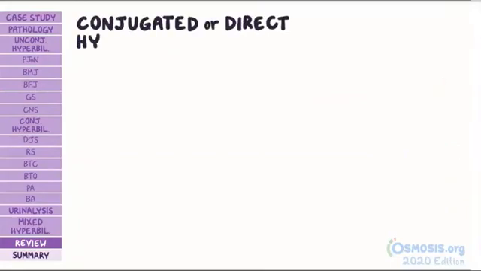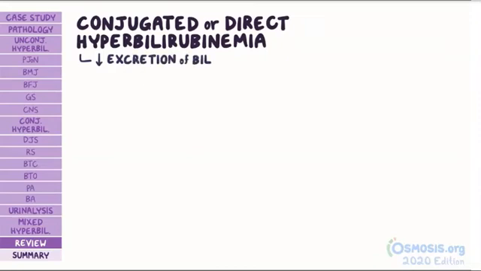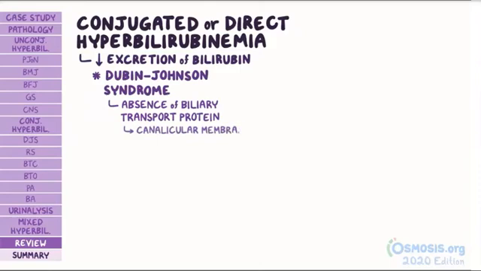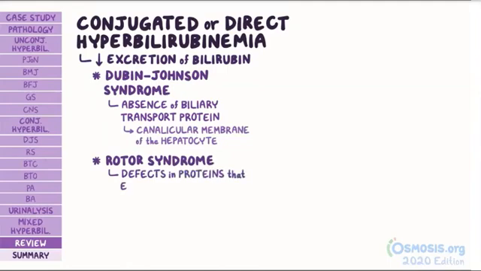Conjugated or direct hyperbilirubinemia is caused by decreased excretion of bilirubin, which is commonly seen in Dubin-Johnson syndrome, which is characterized by the absence of a biliary transport protein found on the canalicular membrane of the hepatocyte, and Rotor syndrome, which is associated with defects in the protein that enable normal hepatic uptake and excretion of bilirubin.